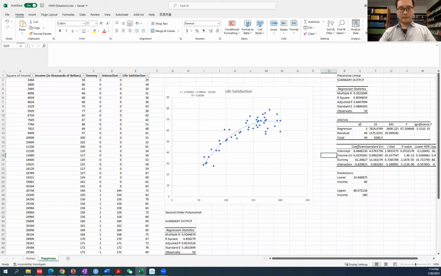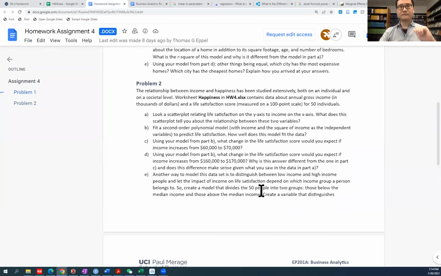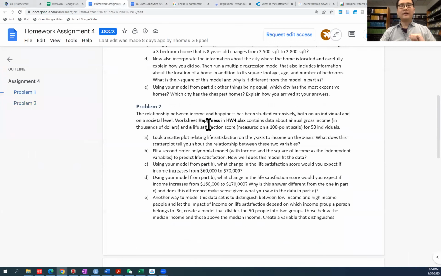So here in problem 2, let's take a brief look, just so we have the same understanding. In problem 2, we are trying to understand the relationship between income and happiness. Here, income is a predictor, an independent variable that goes to X. Happiness, instead, is the dependent variable that goes to Y. In this case, built upon what we learned from last week, we are adding additional predictors.